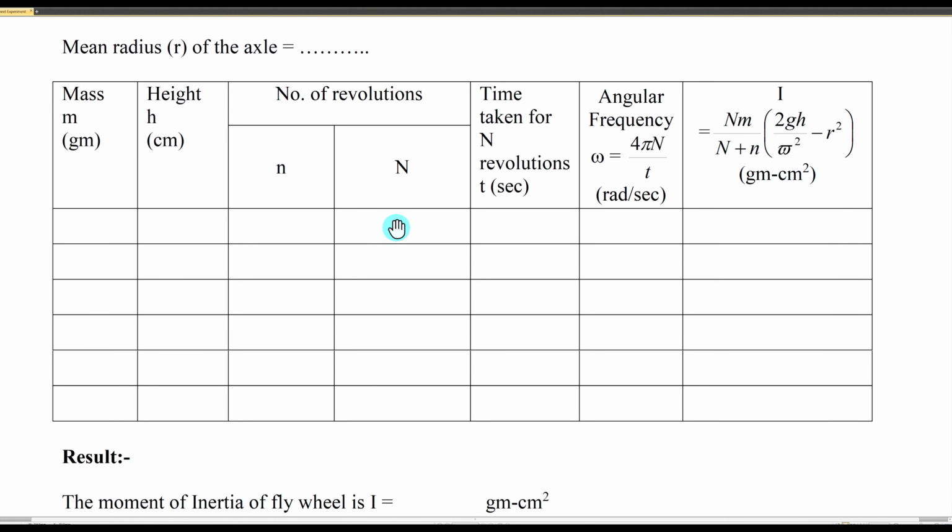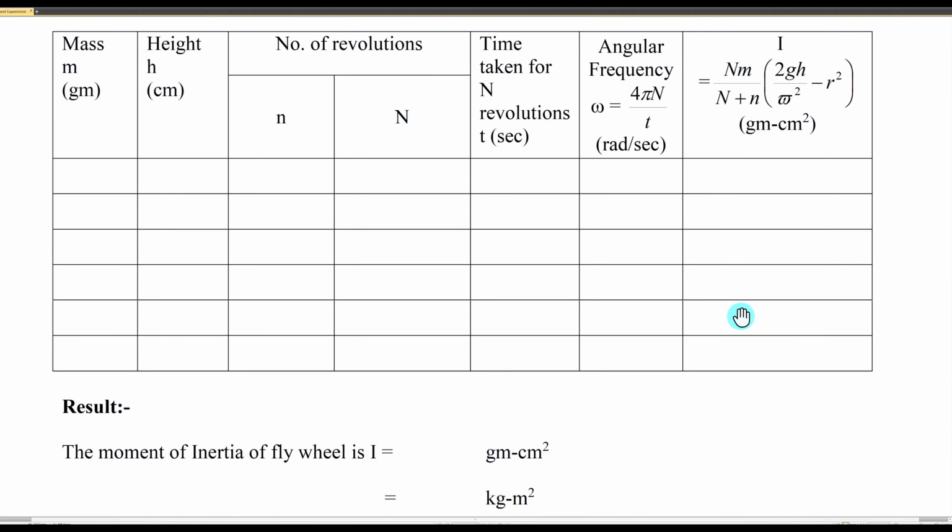You have to be careful. You have to continuously watch the flywheel and count so that you don't make a mistake. Similarly, you have to stop the clock immediately when the flywheel comes to rest. These are the two things you have to take care of. Once you finish this, the rest is only calculation.